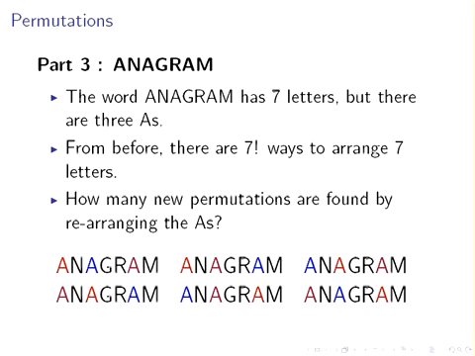There are actually 6 there. I have a red A, a blue A, and a purple A. I just moved them around. Those are 6 different arrangements, but really they're all spelling the same word. So we get 6 copies of the same permutation.